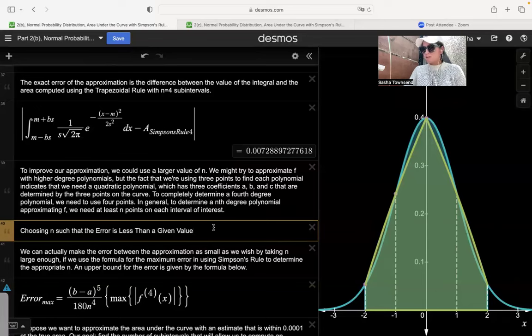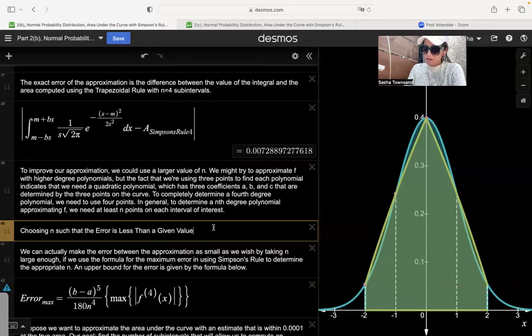We can make the error as small as we wish by taking n large enough. And we had a theorem that we talked about when we discussed Simpson's rule that told us that the upper bound for the error was b minus a divided by 180 times n to the fourth times the maximum value of the fourth derivative of the function.